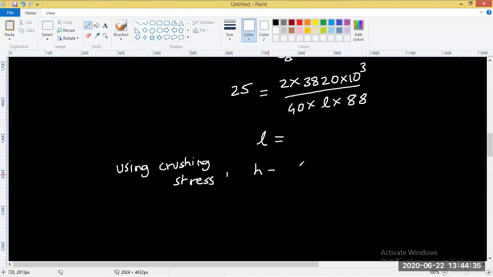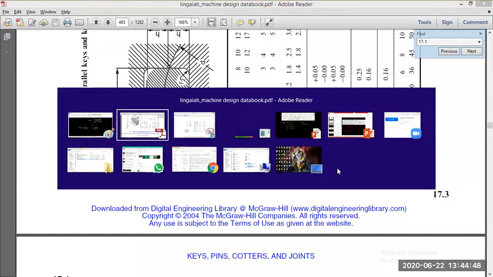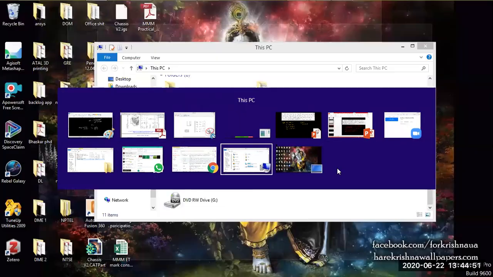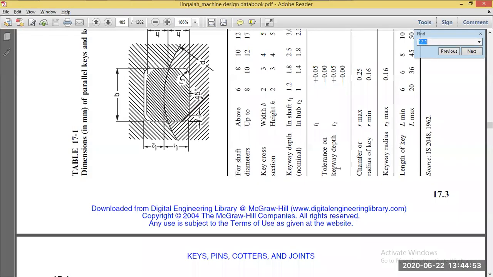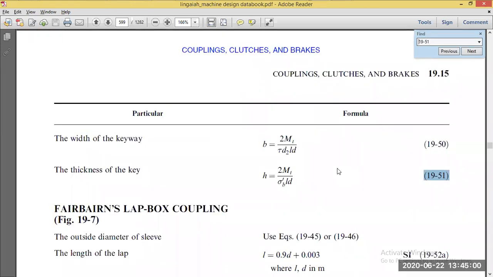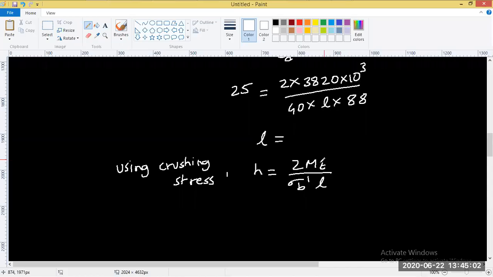It's H equal to 2Mt by sigma P dash L D, equation 19.51.